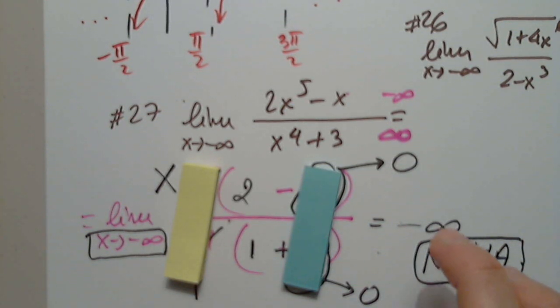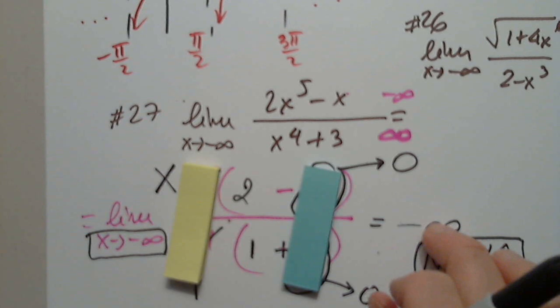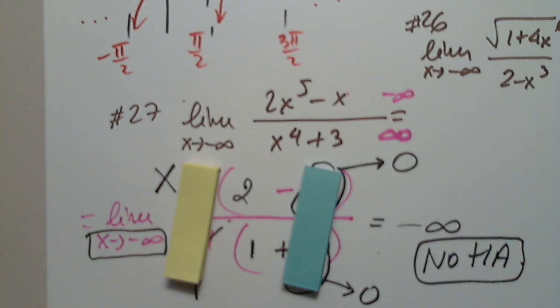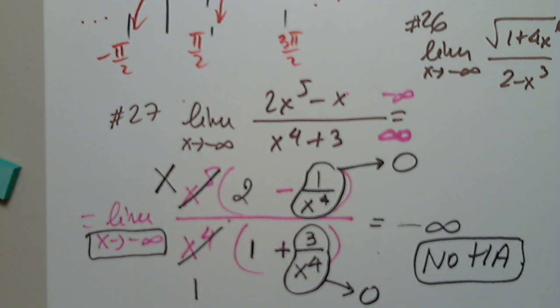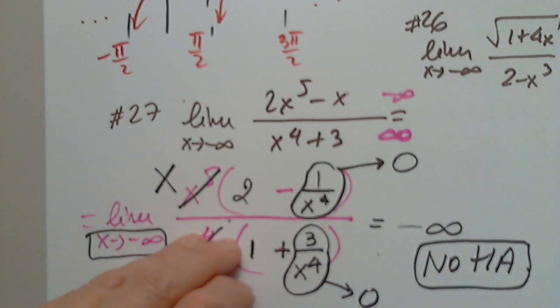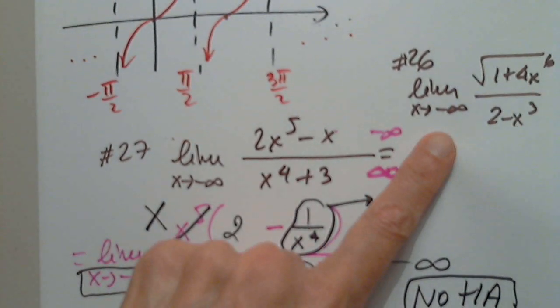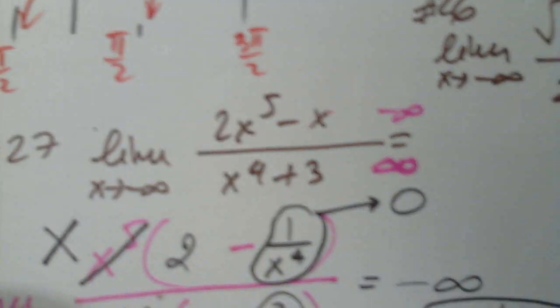Horizontal asymptote requires this to be a number, and this is not a number, this is a symbol. No horizontal asymptote. Any questions? Any questions? So this is what I wanted, but this was a good example.